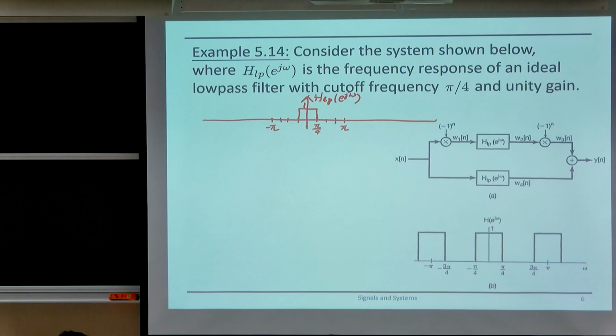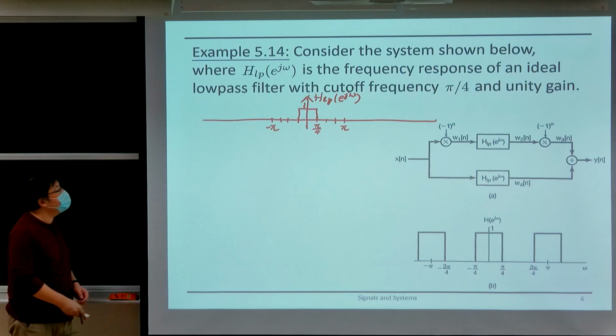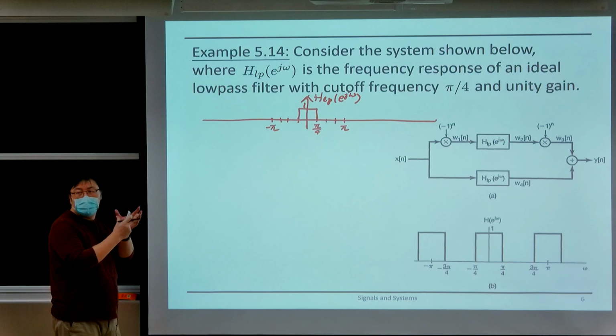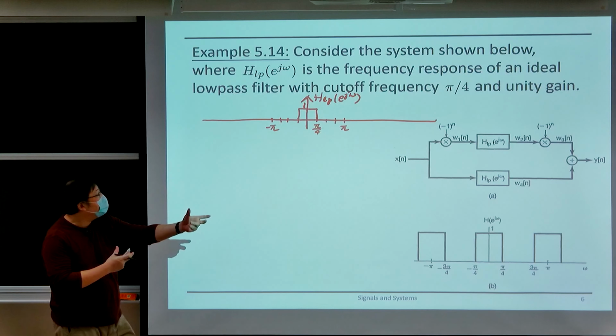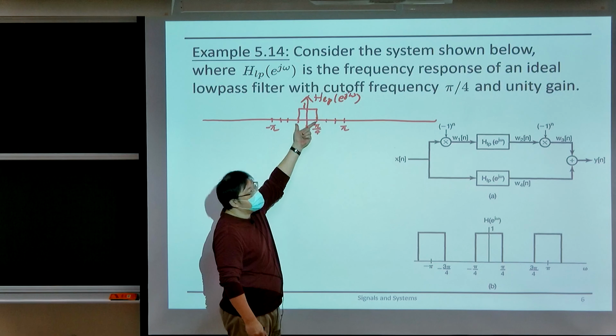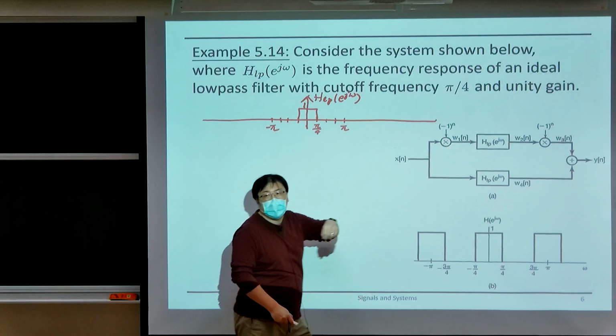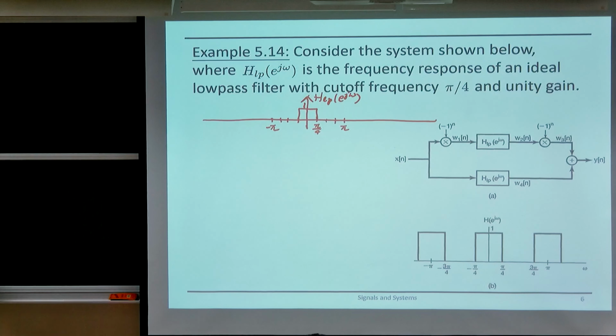So this is 1. Now in discrete time, this should repeat itself every 2 pi. So you have one at 0 frequency, but you should also have one at 2 pi, 4 pi, and so on and so forth. So you should also have one here, and one here.